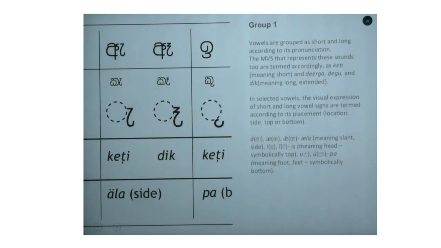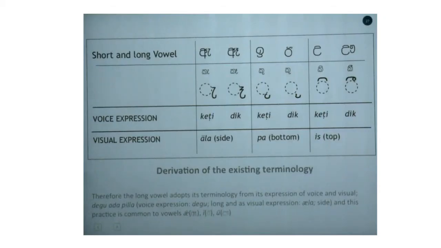It's a symbol for the sign that is on top. And then Papilla, which is obviously at the bottom, as the shape that is at the bottom. So this is the terminology.